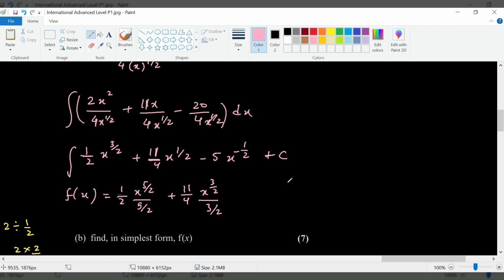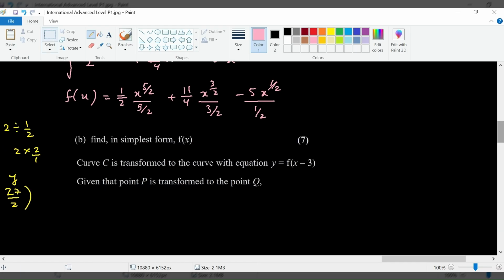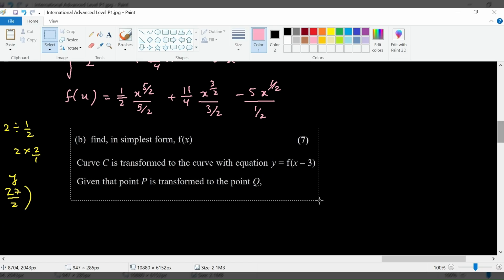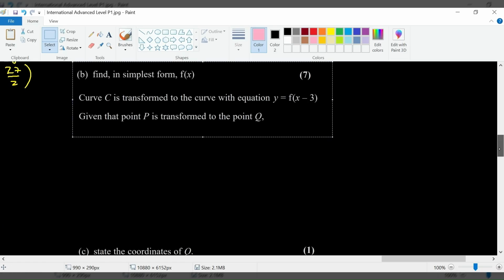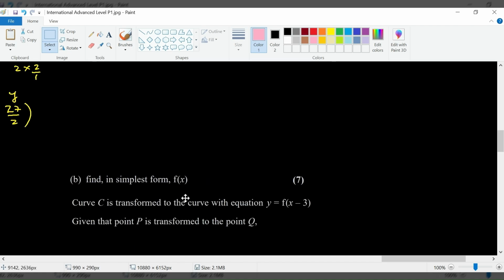Opposite function of differentiation. And then minus 5, x is going to be 1 over 2, and then this is going to be divided by 1 over 2. Now, further simplification, I need little space. So I pull this down.